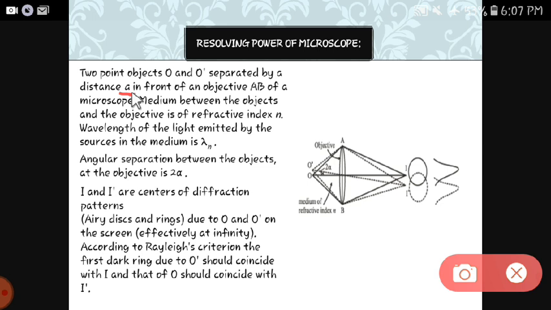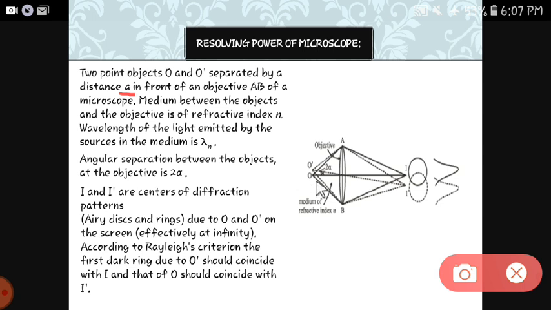So not just draw the diagram, you have to write the exact construction and information about the diagram also. So O and O dash are the two objects separated by distance A, in front of the objective AB. This AB is an objective of the microscope.